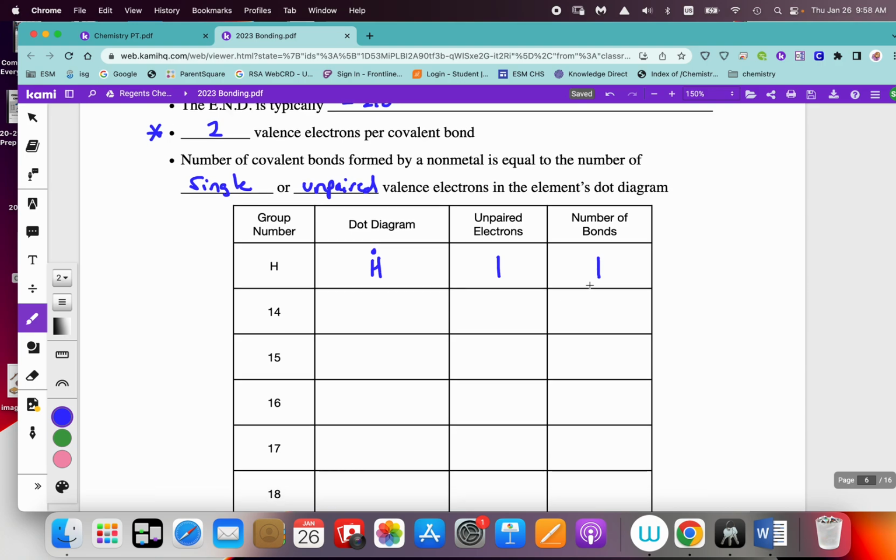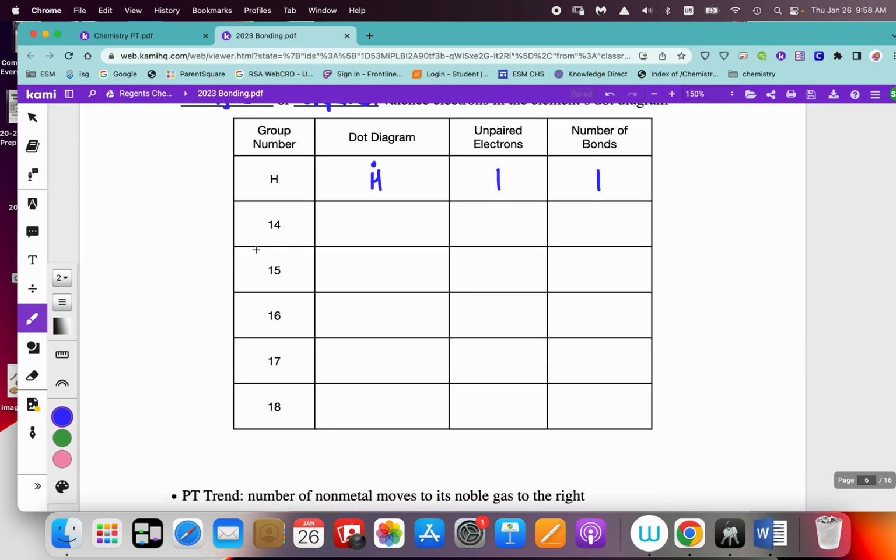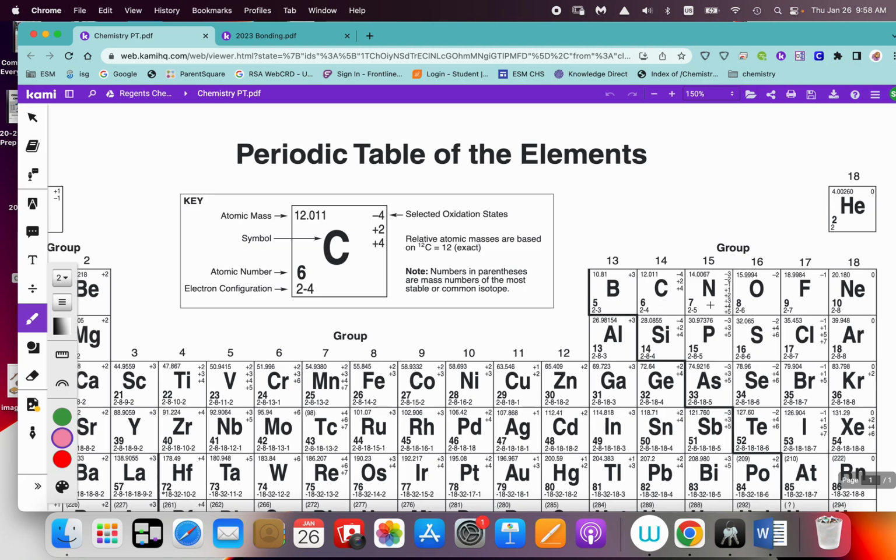I'm going to skip down to number 15. Okay, so group 15 on your periodic table. Take a look at it. So group 15, top member is nitrogen. But when you look at each of their configurations on our periodic table, each group 15 element has 5 valence electrons.